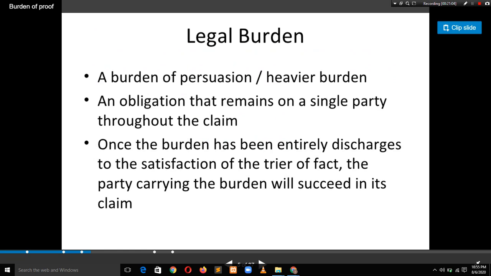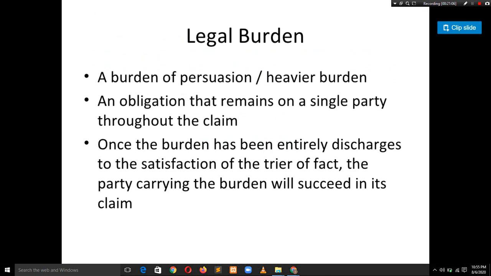So the legal burden. The legal burden of proof is an obligation that remains on a single party throughout the claim. Once the burden has been entirely discharged to the satisfaction of the trier of fact, the party carrying the burden will succeed in its claim.